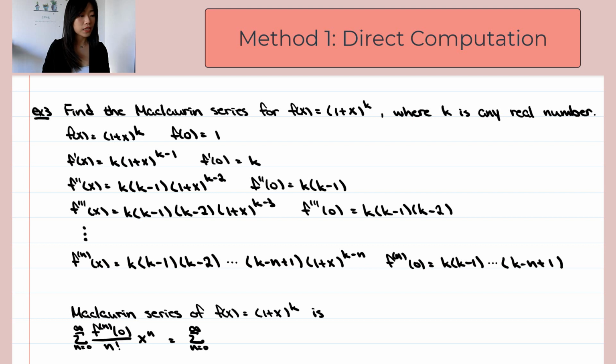The nth derivative evaluated at 0 is k times k minus 1 times k minus 2 until k minus n plus 1. And we divide this by n factorial. Then times x to the power of n.